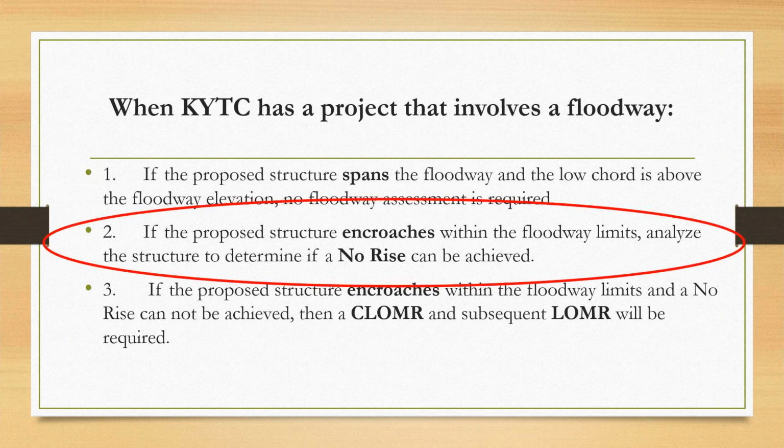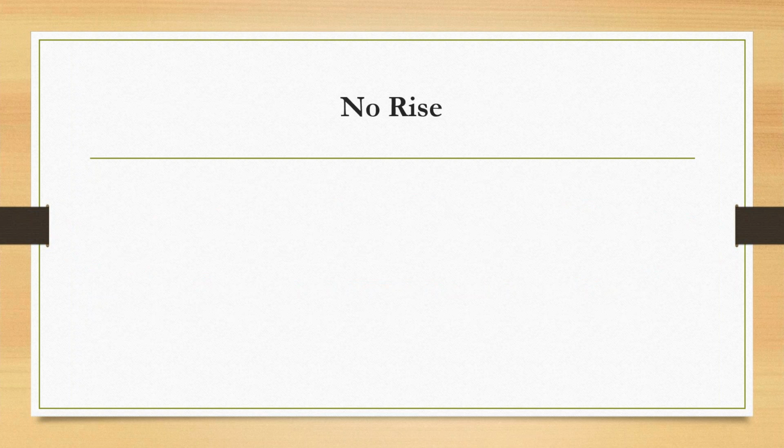All right, so that was easy to cover. Let's go to number two. Let's say that we cannot span the floodway. It's just maybe too expensive usually, and now we have some encroachment. So we're going to try to see if we can get a no-rise out of this situation.